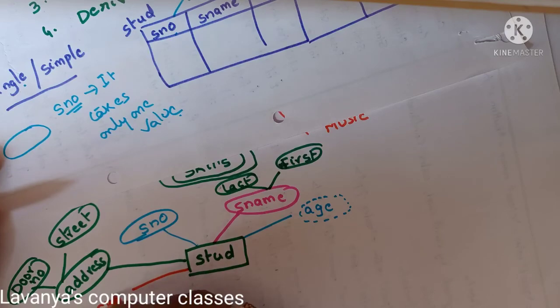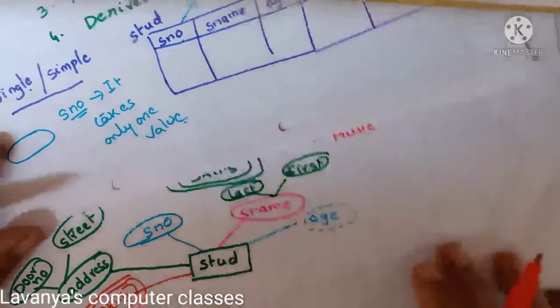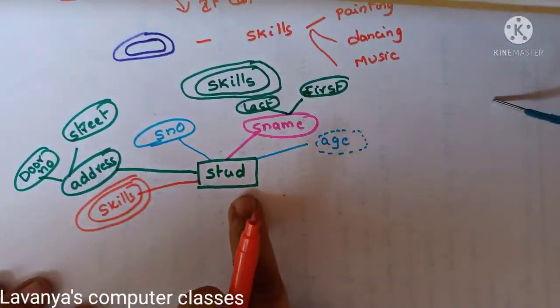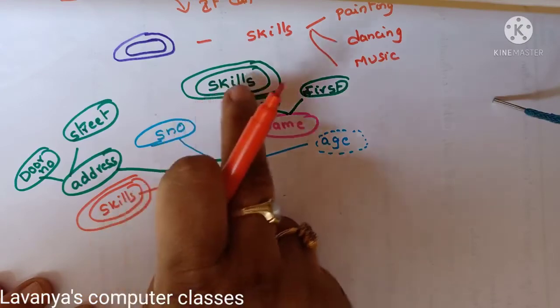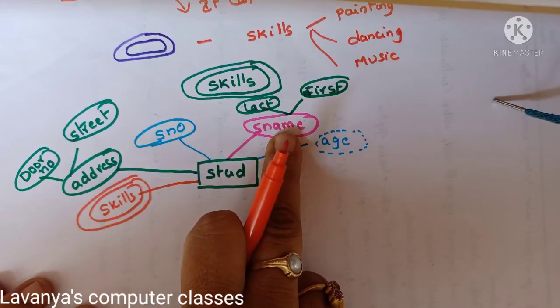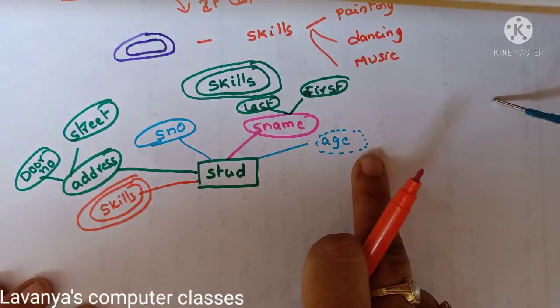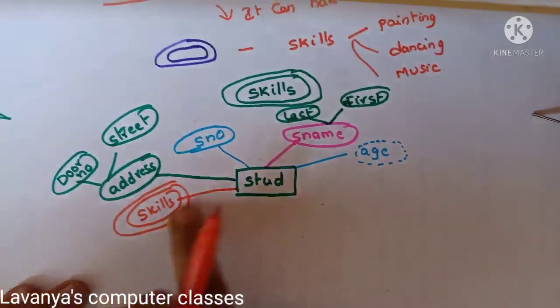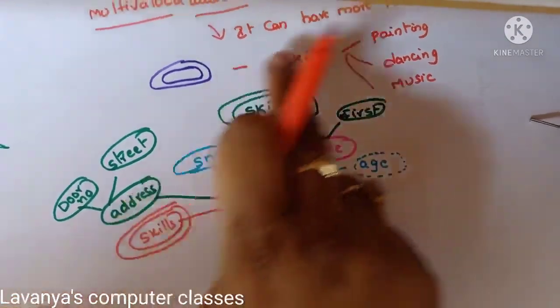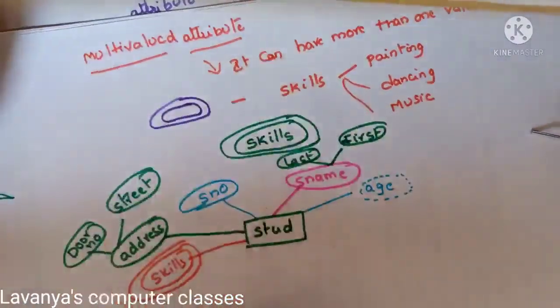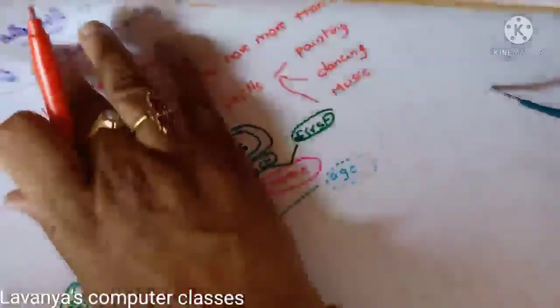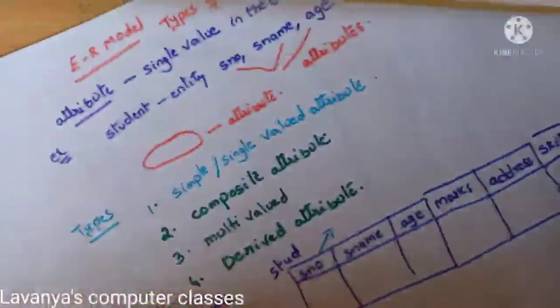Skills is multi-valued because any student can have more than one skill. How do we write it? A double ellipse. So this is the skills diagram. In the student entity set, serial number is a simple attribute, S name is a composite attribute, age is a derived attribute, skills is a multi-valued attribute, and address is a composite attribute. So this is the concept of what an attribute is and the different types of attributes.